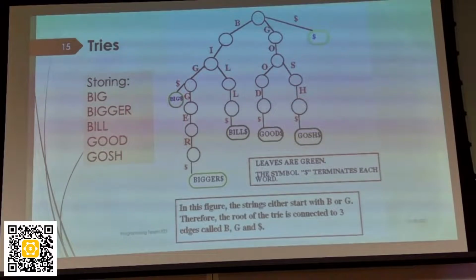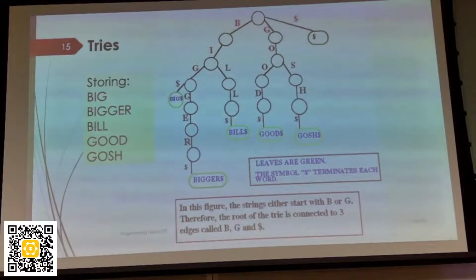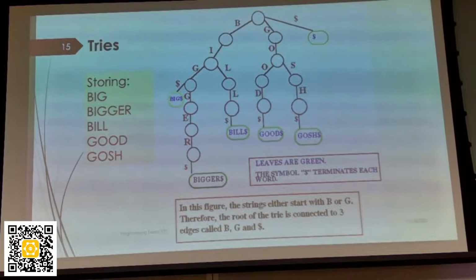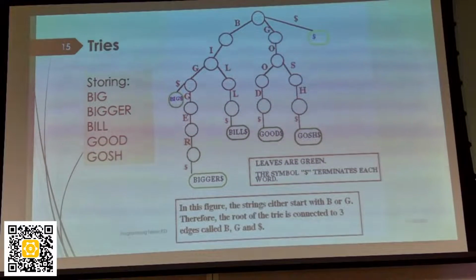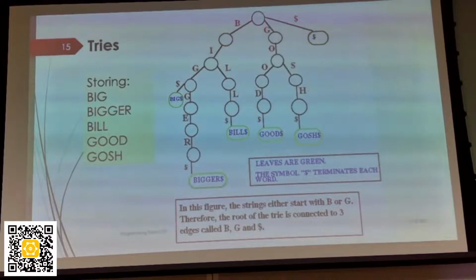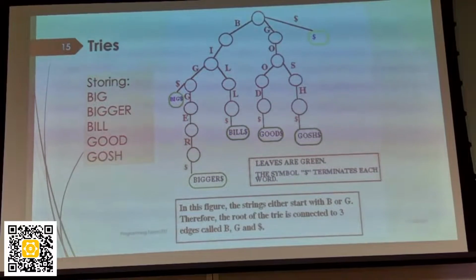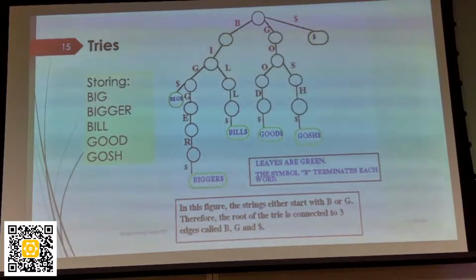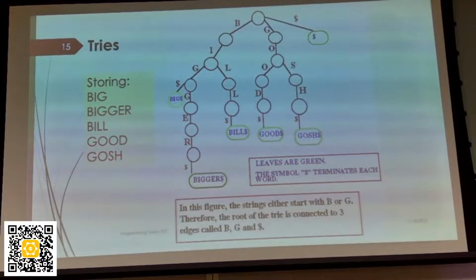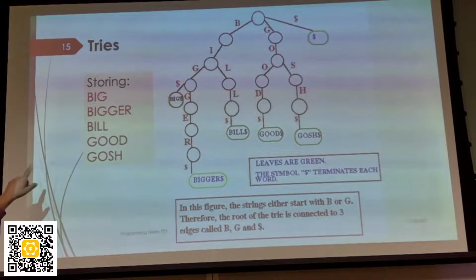This one uses something called a trie. Now, to start with, it's going to look somewhat silly. Let's say this example is to build a dictionary. I have these words, big, bigger, bill, good, and gosh, and I want to build a dictionary. What's a dictionary? A dictionary is somewhere where I can search, right? So here's how I do this.